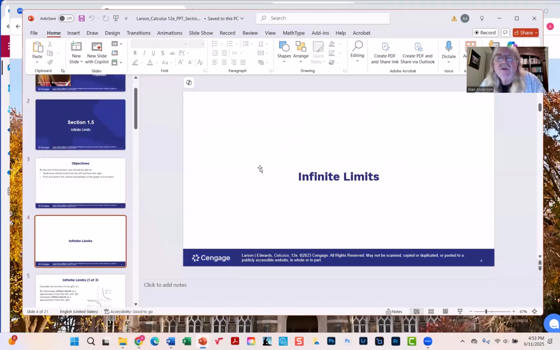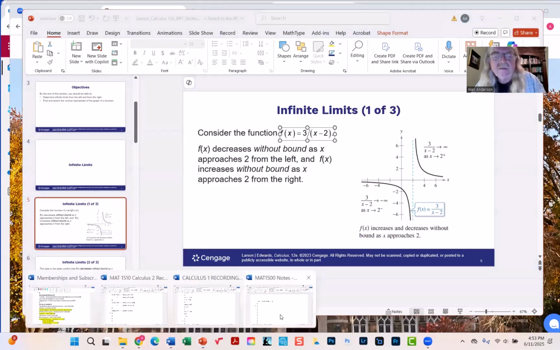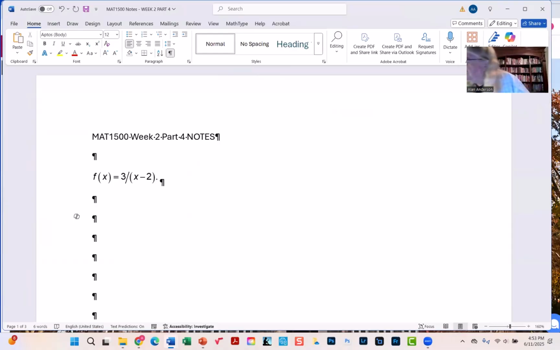All right, anyway, so we'll start out by looking at an example of a function. And you can see that it has a vertical asymptote. The function is 3 over x minus 2. All right, let me just copy that into the notes. So the first thing you notice when you look at this is that clearly 2 is not part of the domain.